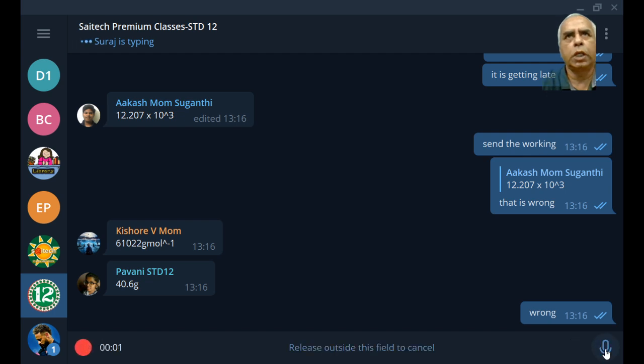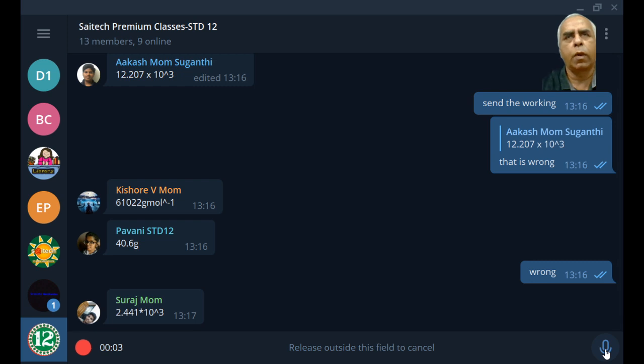Take down. M2 is equal to 1.26 gram into 0.083, that is the constant value, into 300, whole divided by 2.57 into 10 power minus 3 into 0.2, 0.2 liter.